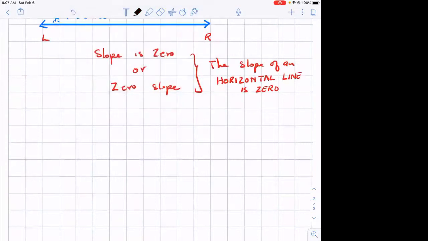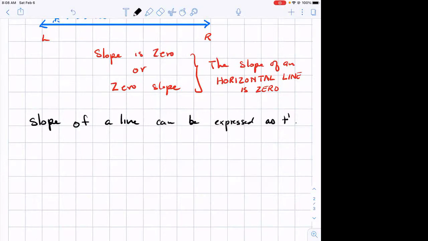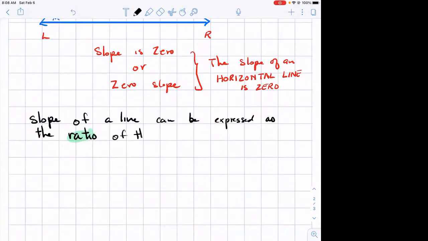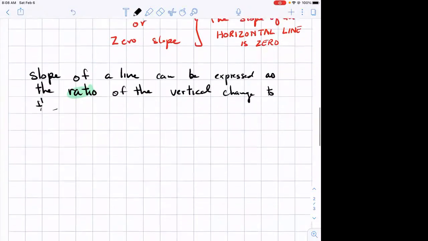So the slope of a line can be expressed as the ratio, and we know that ratio means fraction, of the vertical change to the horizontal change.